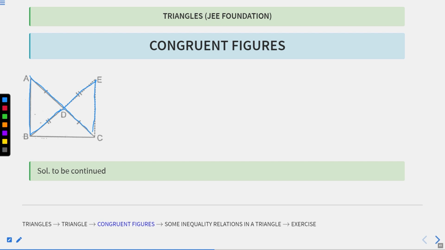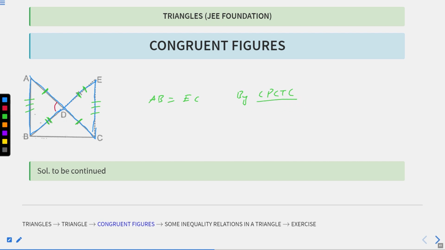From this I can easily say that this length is equal to this length, which is already true by construction. The remaining side is also equal to the remaining side in the other triangle. So AB is equal to EC by CPCTC, corresponding parts of congruent triangles are congruent.